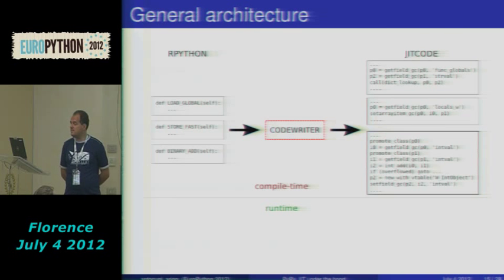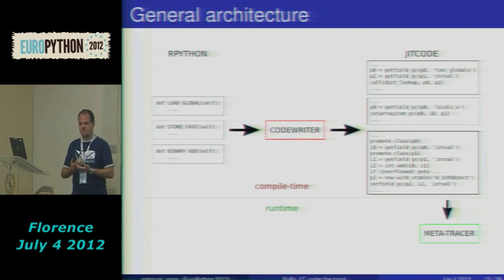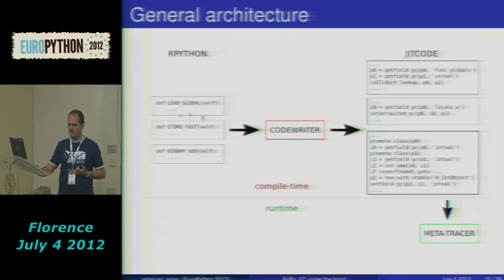Then at runtime there is the meta tracer, which is the actual JIT compiler, which uses all the information stored in the JIT codes to actually do the trace, record it, etc. So we have the PyPy interpreter, which is the RPython code, which executes our Python program.